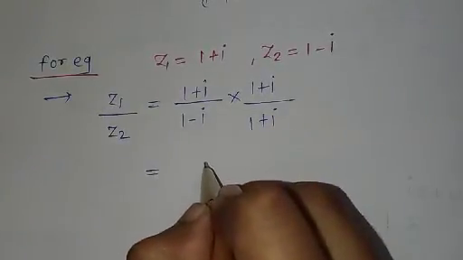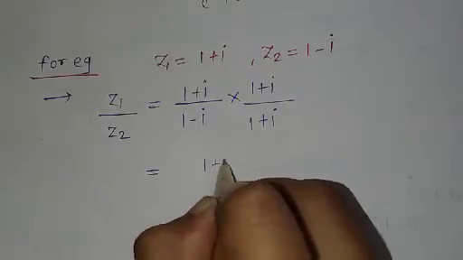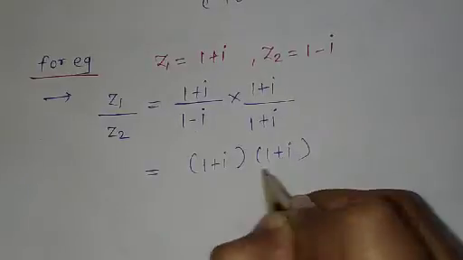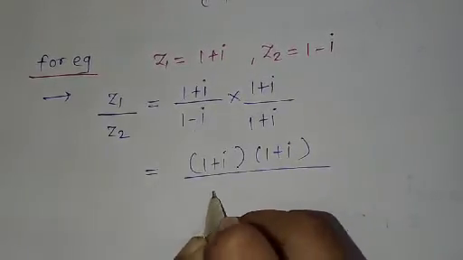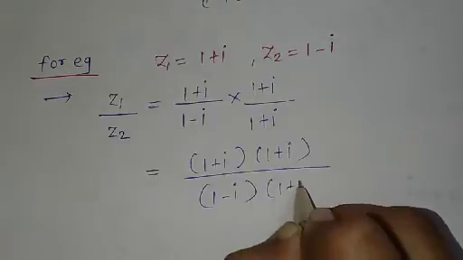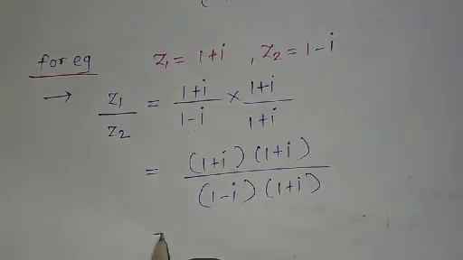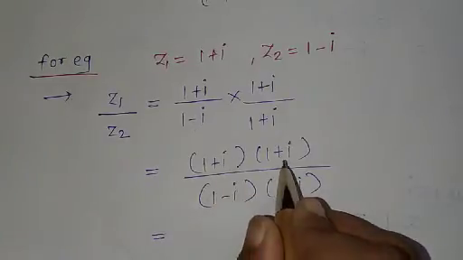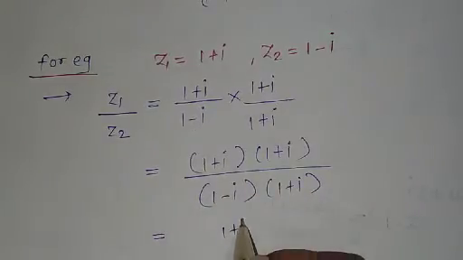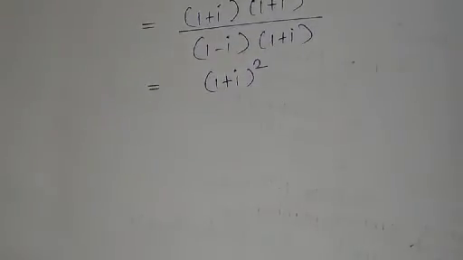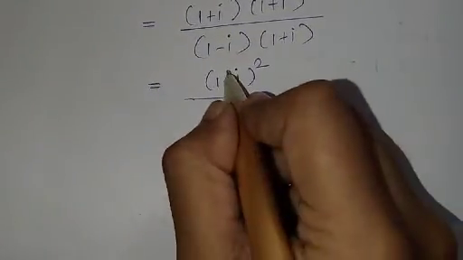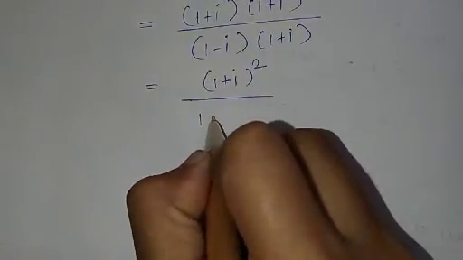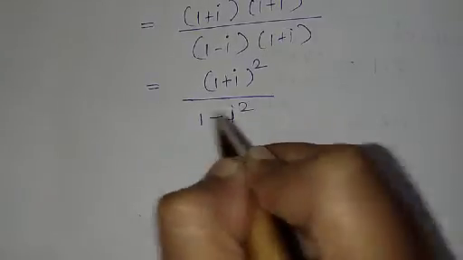So by simple multiplication, we get 1 plus i into 1 plus i, which is 1 plus i bracket square, upon 1 minus i into 1 plus i, which is nothing but 1 square minus iota square.